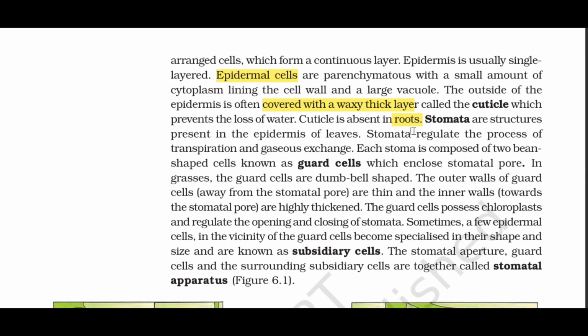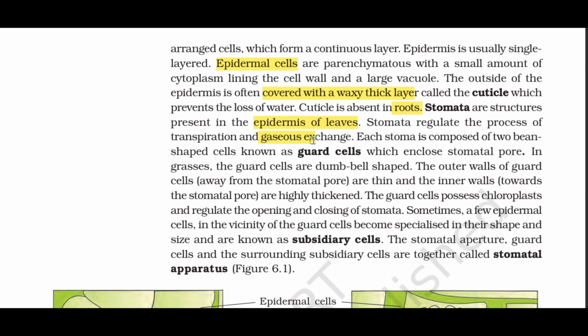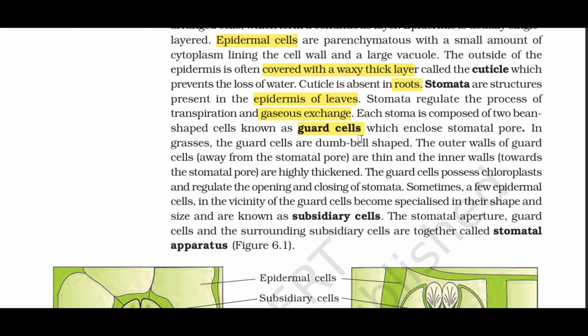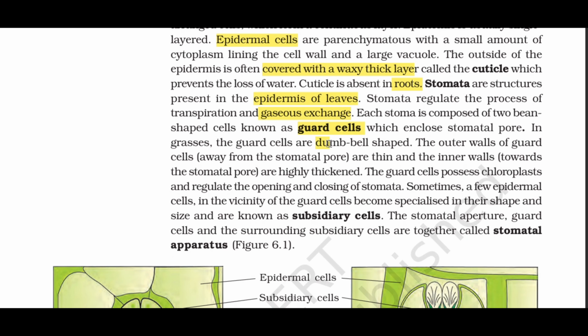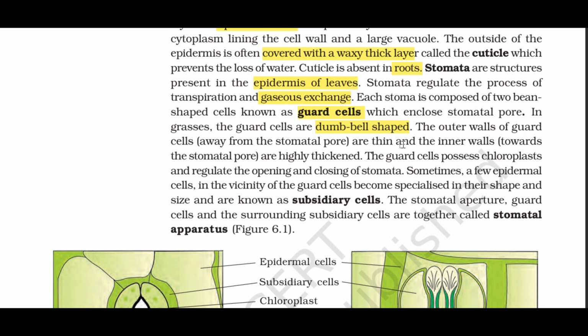Stomata are structures present in the epidermis of leaves. Stomata regulate the process of transpiration and gaseous exchange. Each stoma is composed of bean-shaped cells known as guard cells, which enclose the stomatal pore. In grasses, the guard cells are dumbbell-shaped. The outer walls of guard cells, away from the stomatal pore, are thin, and the inner walls, towards the stomatal pore, are highly thickened.